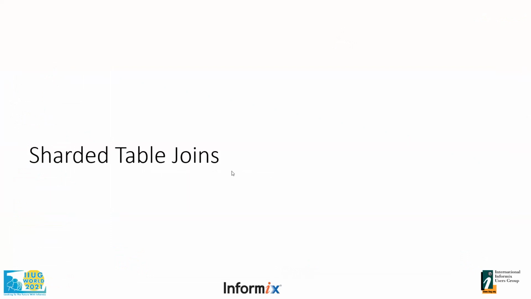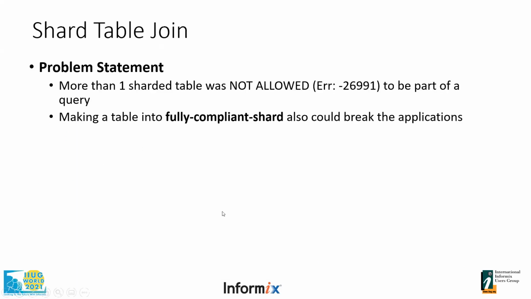All right. So with respect to sharding, we'll go into the sharded table joins. Sharding is not new to Informix as such, but what is new here is the joins using multiple sharded tables. So what is the problem statement?